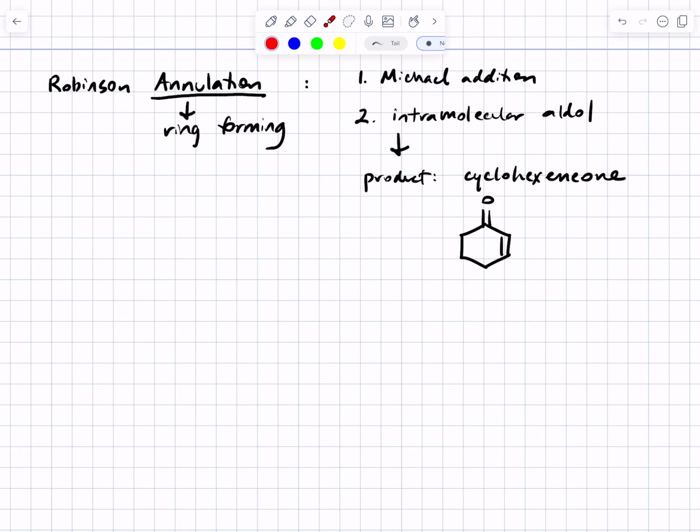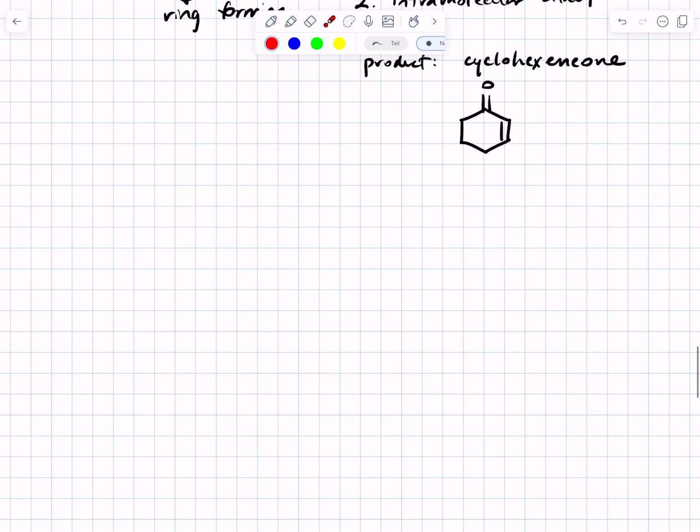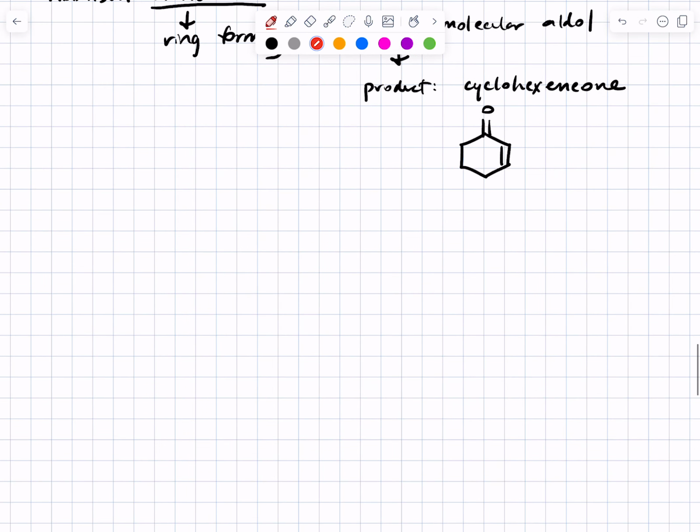So let's show you how this works. In the Michael reaction first, of course, we're going to have a carbonyl compound act as an enolate and attack an alpha beta unsaturated carbonyl compound. So actually what I will do, instead of starting with the mechanism, I just want to draw the starting materials for you.